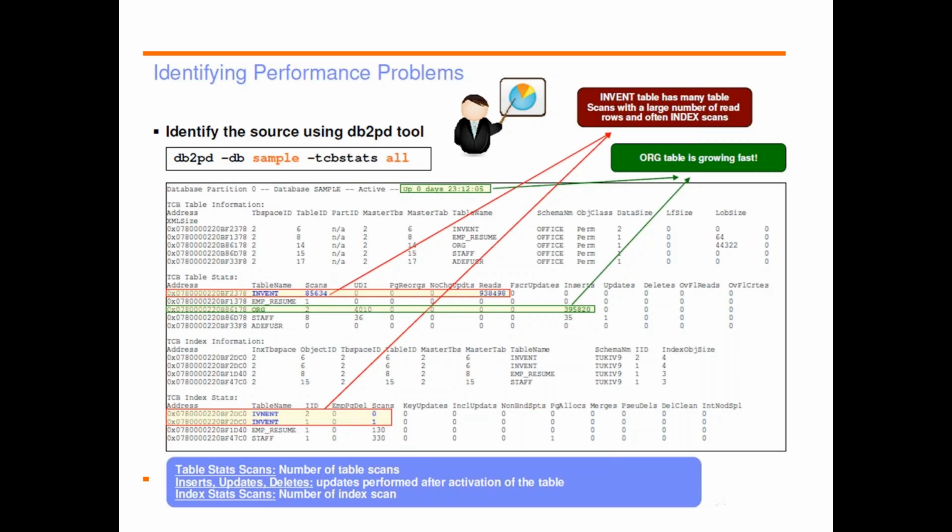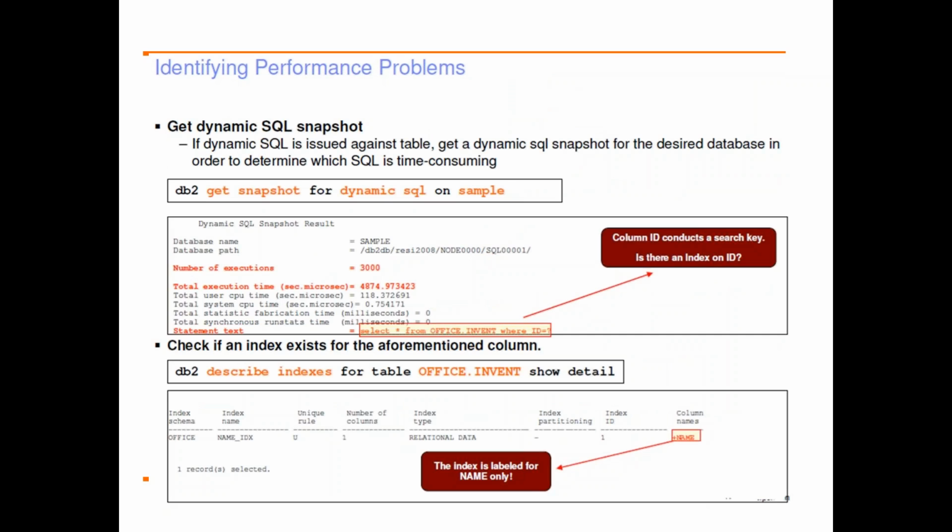Now how do I solve this problem? To solve this problem by creating the right index, you need to find out what are all the queries that are coming on invent table. So that is where you can again get a snapshot for all dynamic SQLs.